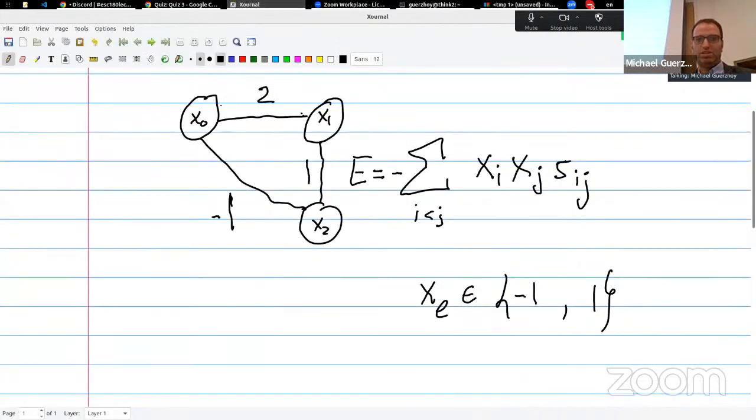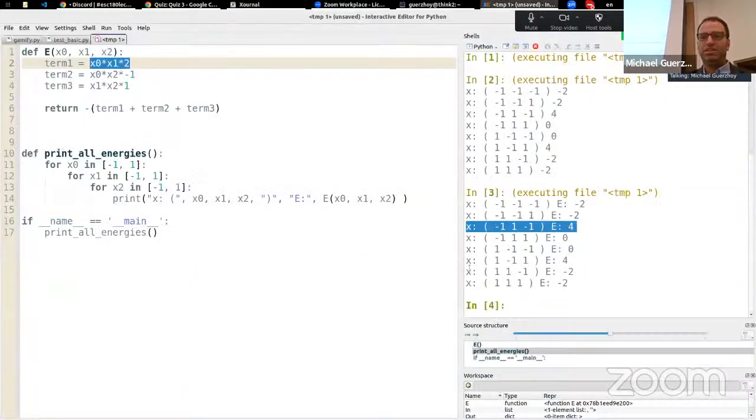So if I go back here, x0 times x1, so this is 1, 1, so this is 2. And then, oh, sorry, yeah, this actually makes sense. So 1, 1, 1, yes, it's -2, and that's the smallest energy, right? Because we want the smallest.